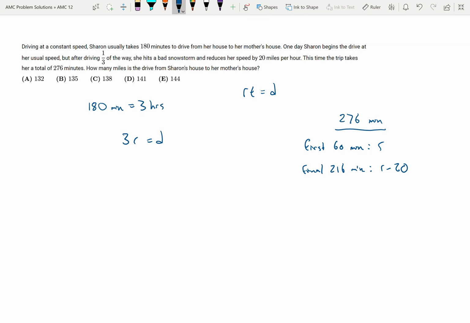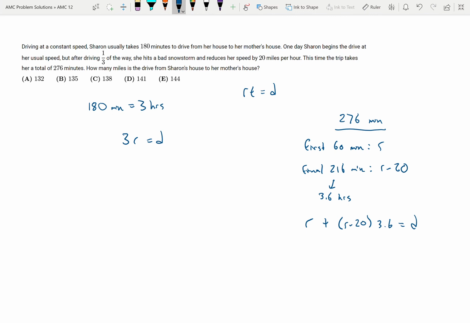And if you convert 216 minutes into hours, that should be 3.6 hours. So another way I can form an equation would be r times 1 for 1 hour, so r plus (r minus 20) times 3.6 also equals the distance.